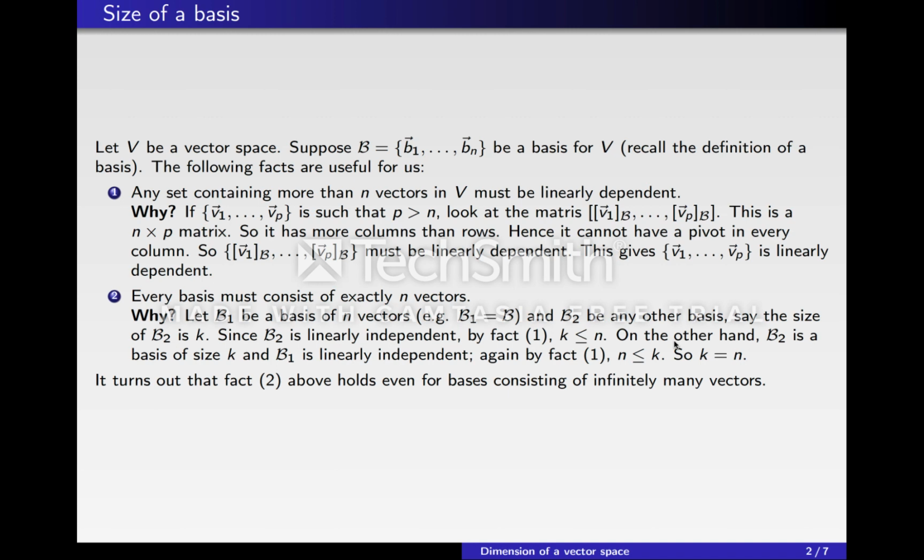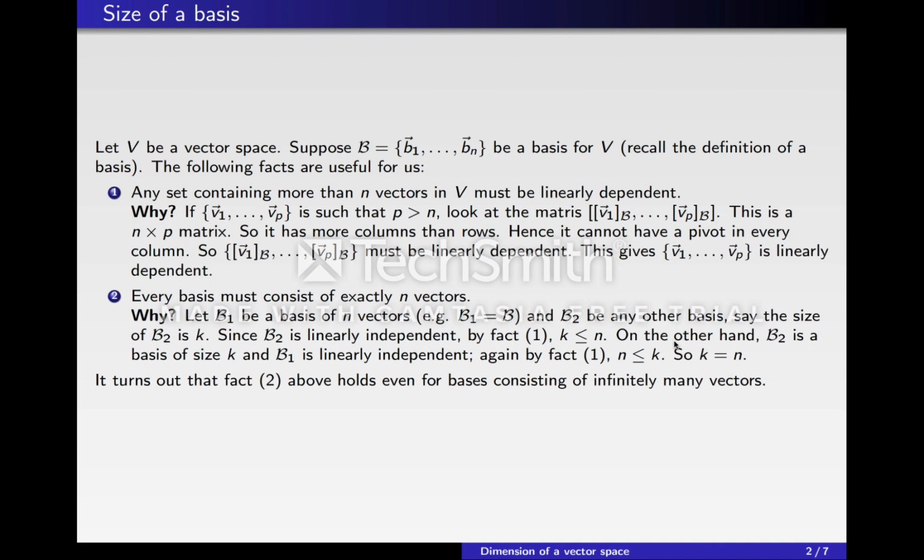So [v1]_B is the first column, [v2]_B is the second column, [vp]_B is the last column of this matrix. Note that this matrix is an n by p matrix, because it got p columns, [v1]_B up to [vp]_B.